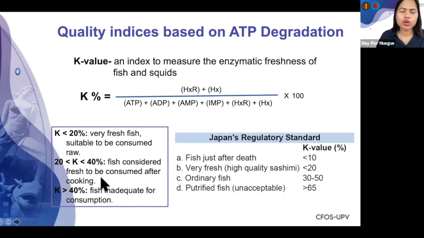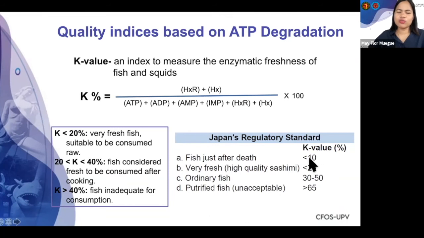Pero pag fresh mo siyang i-consume, hindi siya advisable to be consumed fresh. Okay? And then if the K value is above 40%, the fish is already inappropriate, unsafe for consumption. Ito yung mga standards ng Japan, no?